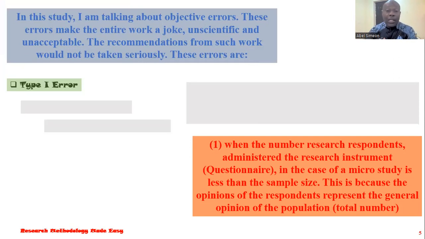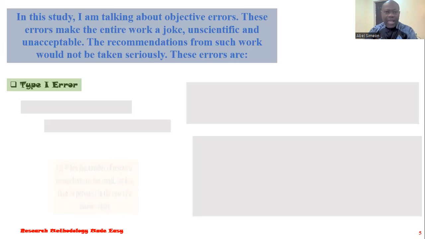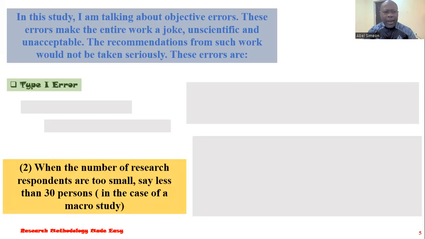Another error that is referred to as type 1 error is when the number of respondents is too small, say less than 30 persons. You can't interview fewer than 30 persons in a macro study. Macro study means you're studying organizations, government, institutions, opinions and all that.